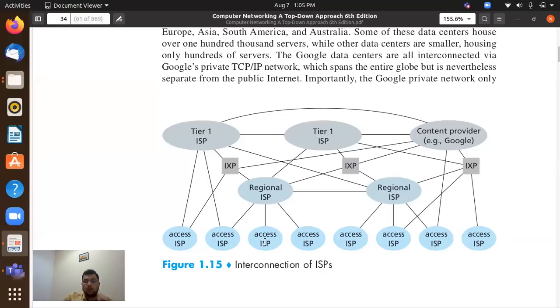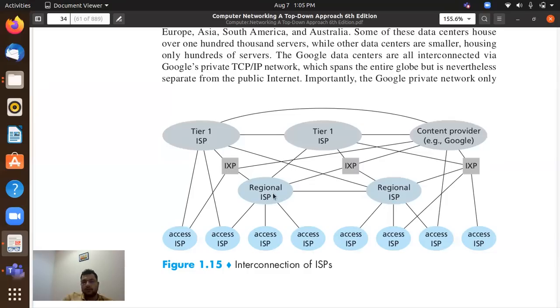Now these access service providers are customers to regional internet service providers. These regional service providers are customers to tier 1 internet service providers. So that customer relationship is there between regional and access, and tier 1 and regional.